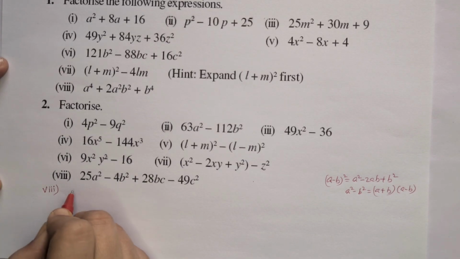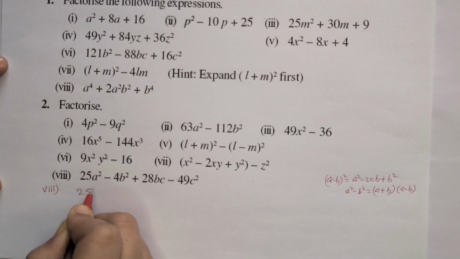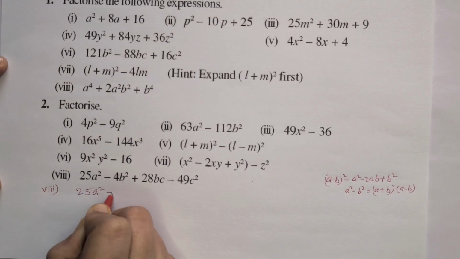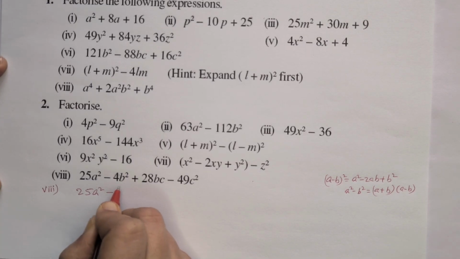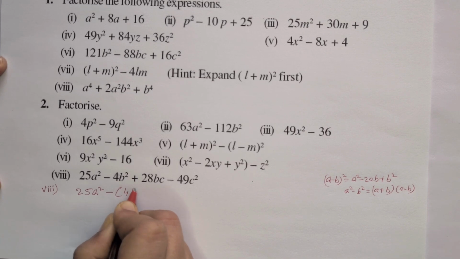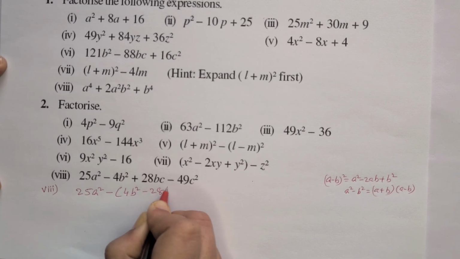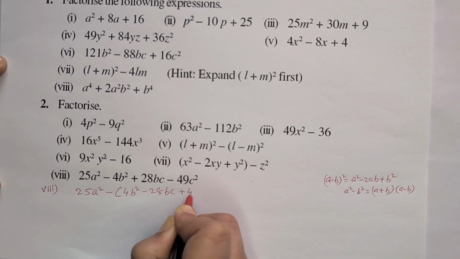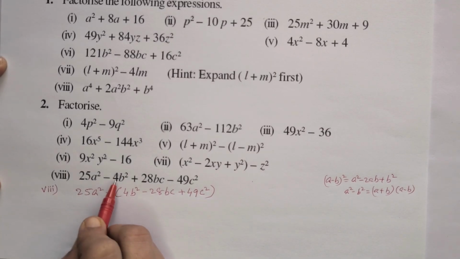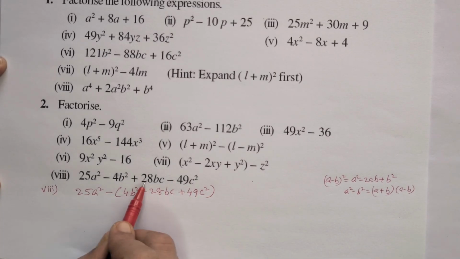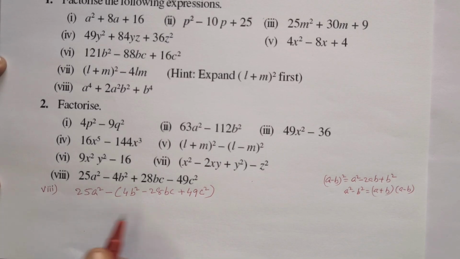So eighth one we can rewrite as 25a square minus, we have to take the minus sign out, and then the remaining terms will come as 4b square minus 28bc plus 49c square. When we are taking the minus sign out, these two terms will become positive and this one will become negative.